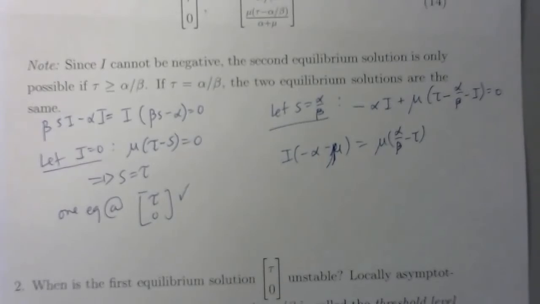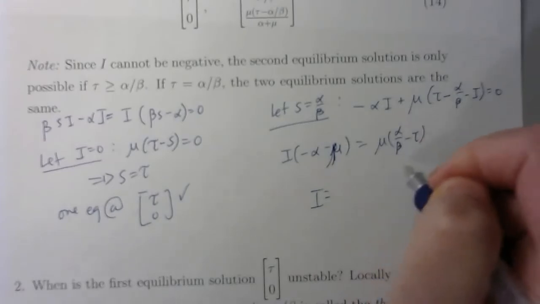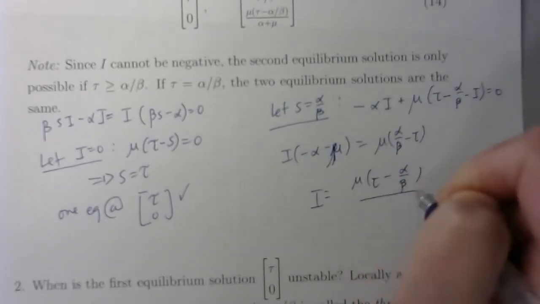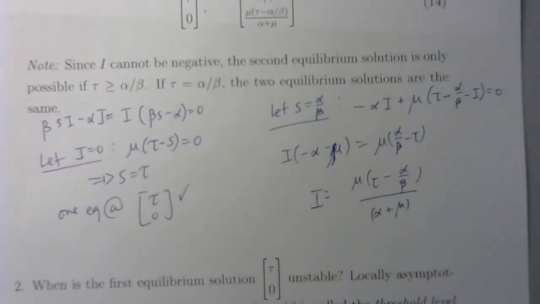And then we divide by this, so the negative signs flip it, and we have I equals mu times (tau minus alpha over beta), over (alpha plus mu). Great. Okay, so these are our two equilibria. Perfect.